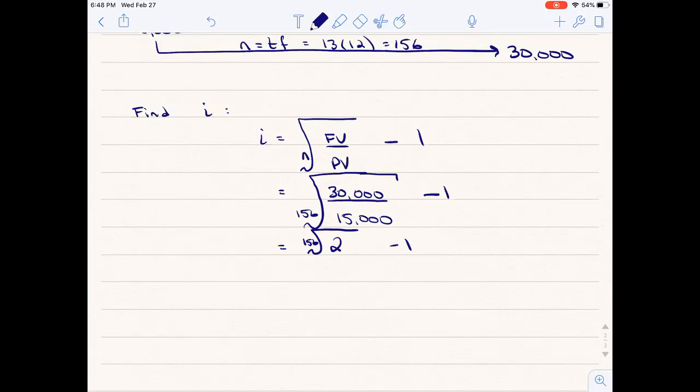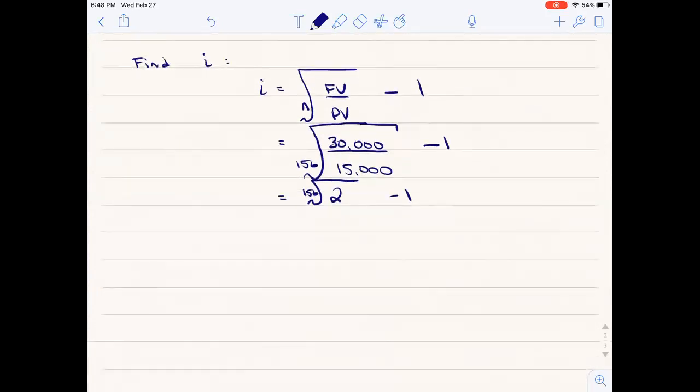What you do is take 2 to the power of 1 over 156. So we have 2, in brackets, to the power of 1 divided by 156, and then minus 1.